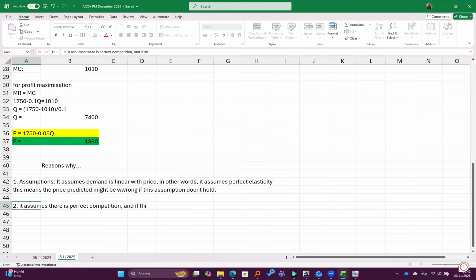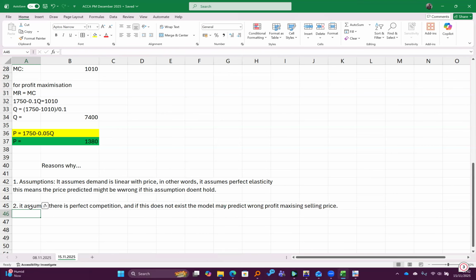And if this does not exist, the model may predict the wrong profit maximizing selling price. So that also can cause problems.